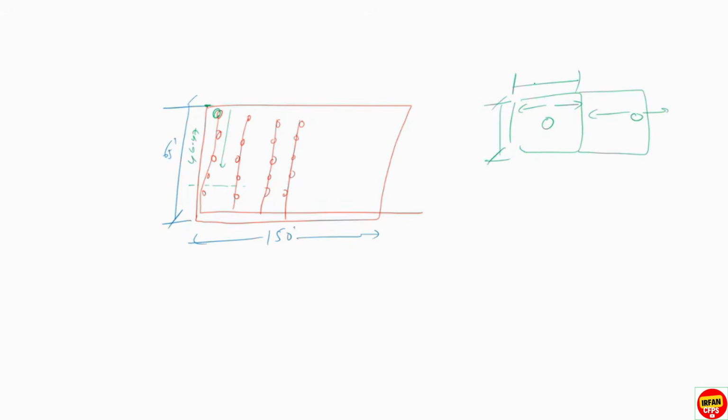Total width of the sprinkler will be like this. If this is L, this is S. So total will be L, but half L and half L. Combined, it will be L. And this side also, half S, half S. So total will be S. So the sprinkler coverage we will always consider in this way, half coverage this way, half coverage this way.